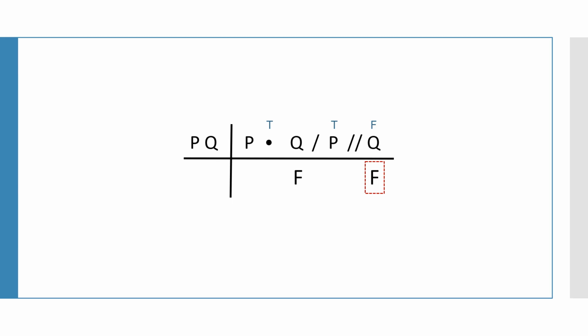Find every Q all the way through the argument and ascribe the value of false to it. Since we know Q has to be false, it has to be false everywhere in the argument. And notice that this means we've sorted out the truth value necessarily of one of our variables, Q. And so just write that on the left-hand side so you can keep track of what you've already done.